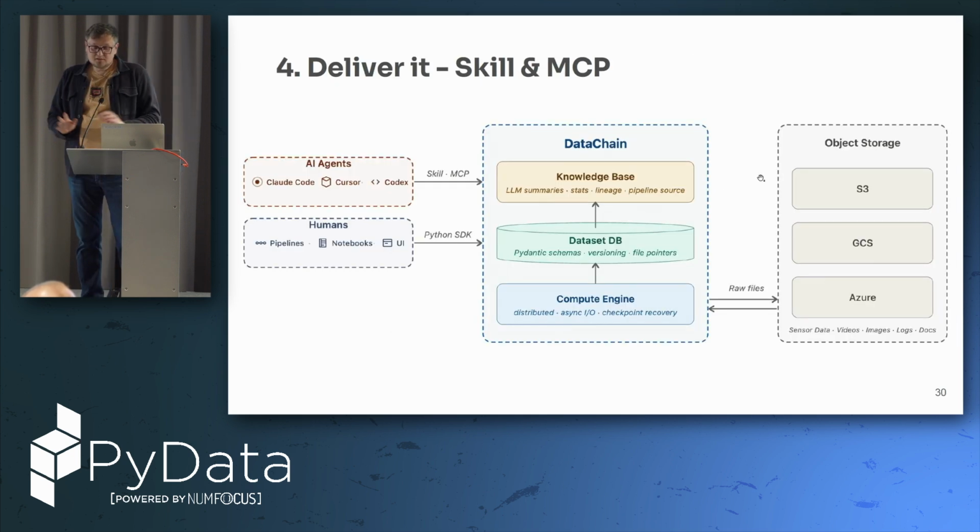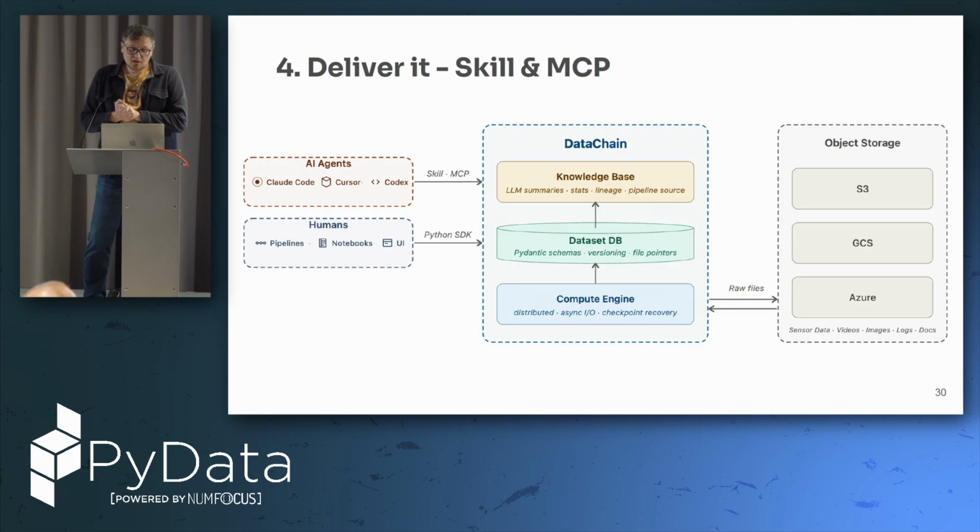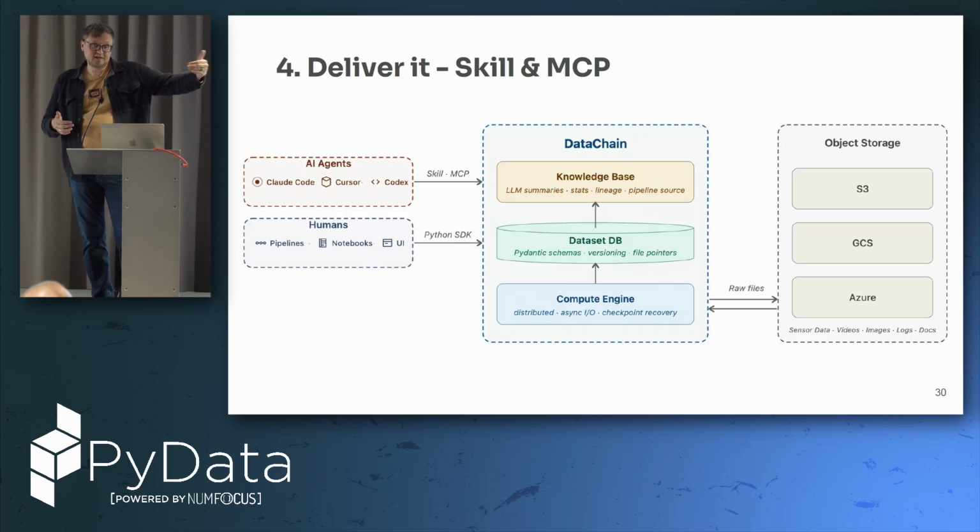And the delivery process, nothing unique here. We deliver it through the skill and MCP skill. It's an open source version. You can take a look at our skill in the repository, and it uses a local database. You see in the center, it's a database with all the meta information. The database creates a knowledge graph. That's basically an API for the agents.